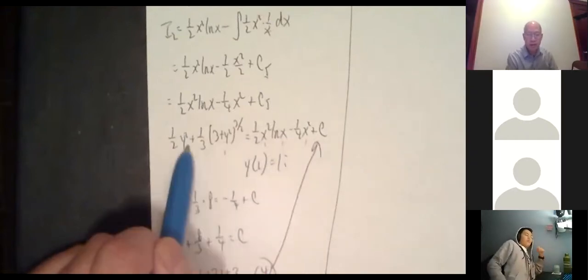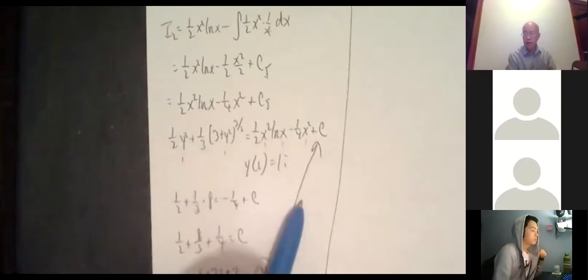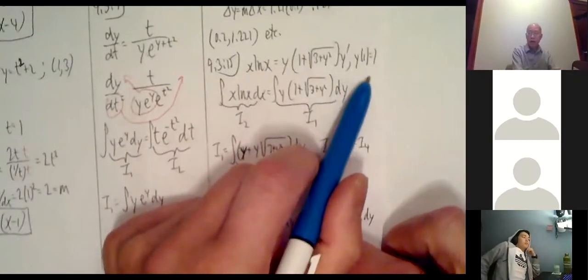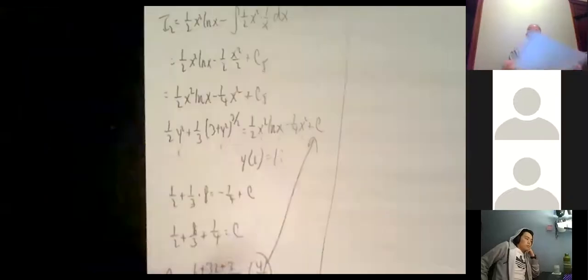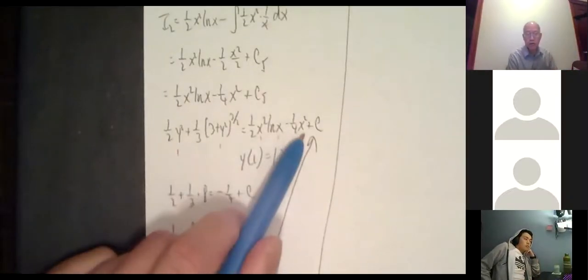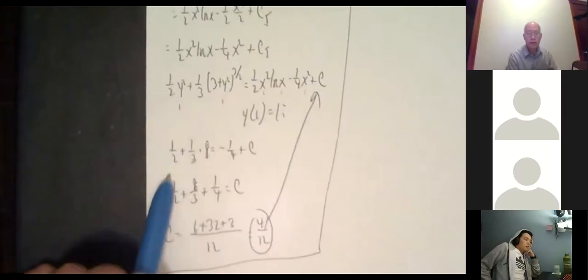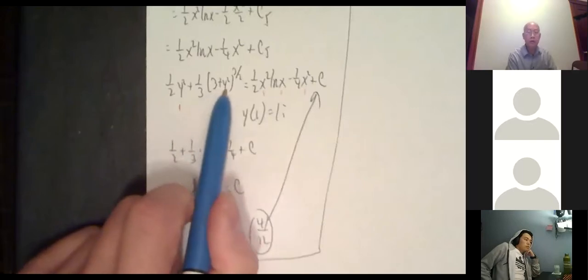Now, you can't easily solve for y here, but you can figure out the c because they told us that y of 1 was equal to 1. And we've seen problems like that before. Plug in 1 for x, plug in 1 for y, figure out the c. So put a 1 there, 1/2. Put a 1 there.